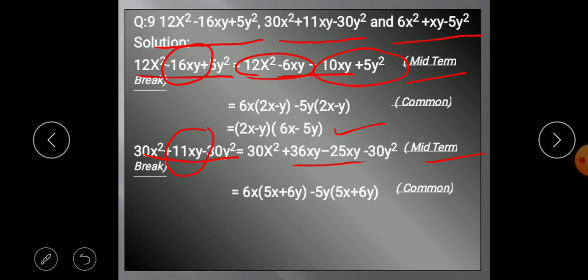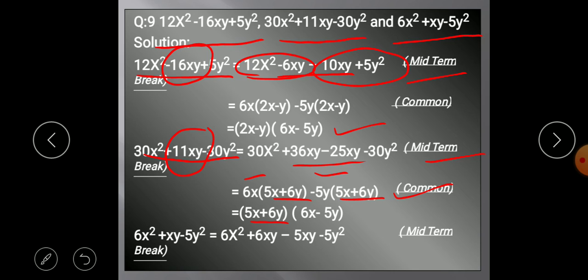Okay, so then we have found the common. Then again we have found the common, that is 5x plus 6y. I have written down here what is left here, 6x, and here minus 5y. So the last term is this 6x square plus xy minus 5y square.